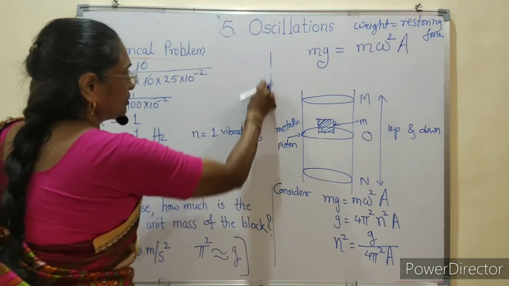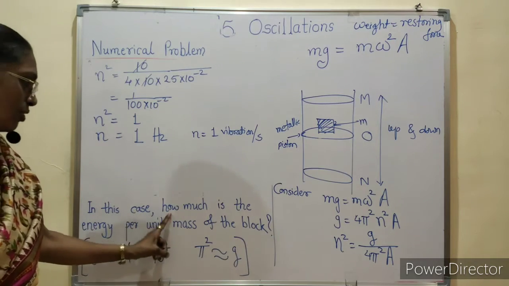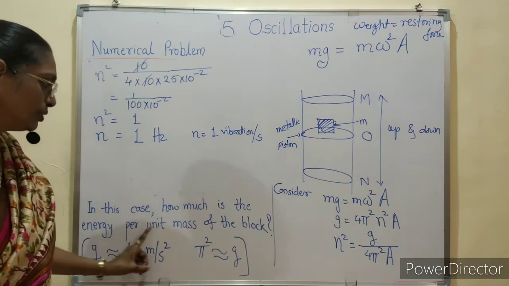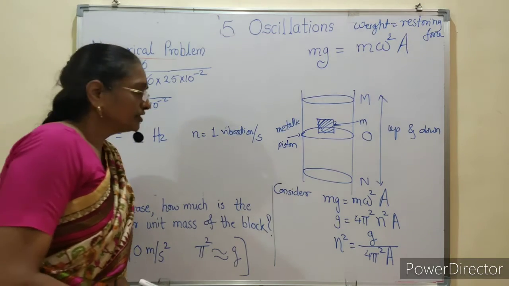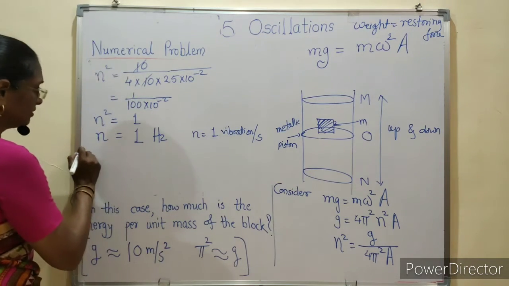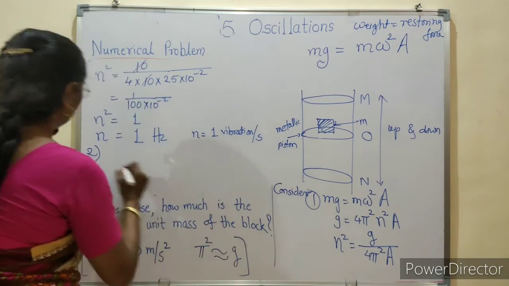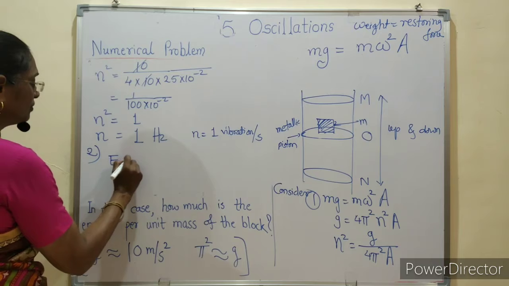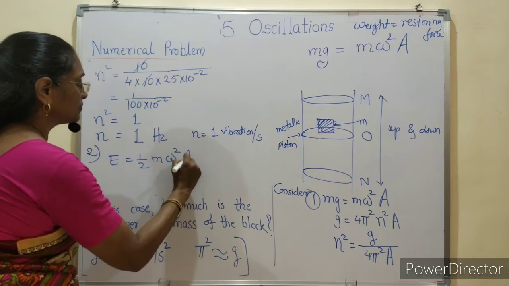Now read the next one. In this case, how much is the energy per unit mass of the block? Energy is given by, here energy is equal to half m omega square a square.